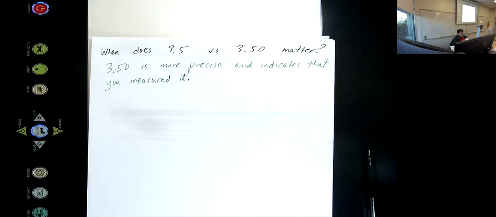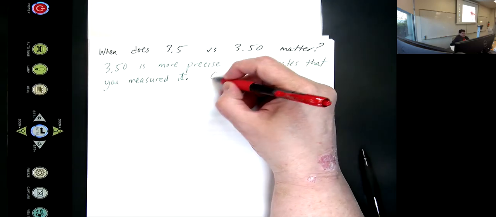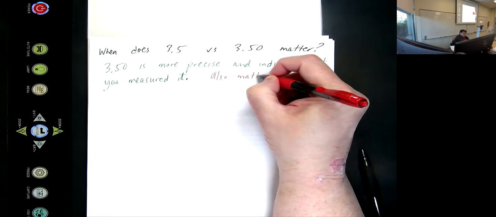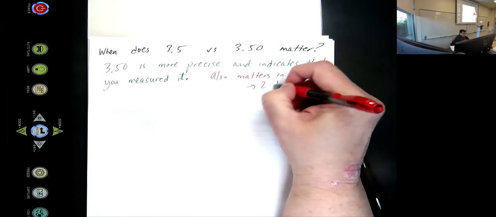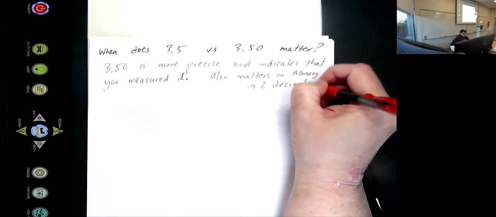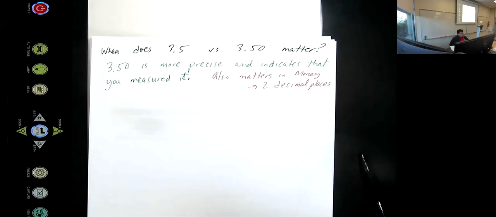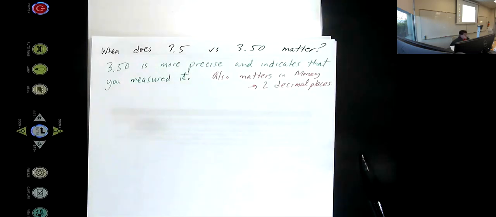The other time it matters, money. We want 2 decimal places. And why did they give me 3 at the gas pump? Because they like to rob you. It's always 9/10, it's never 8/10. Why is that? And who gets that 9/10 of a penny when I just buy 1 gallon? They round up and they take an extra 1/10 from me.